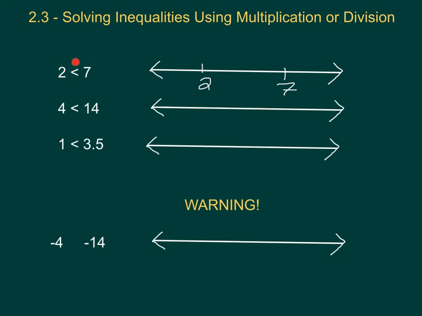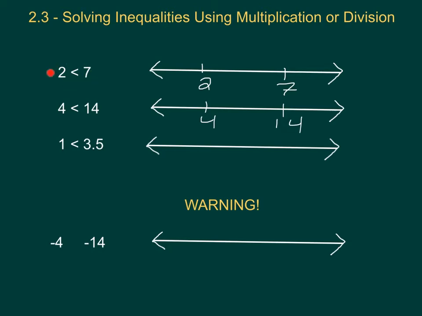If I take each side of this and double it, 2 times 2 is 4, 7 times 2 is 14, I'll get another inequality that's also true. Here's 4, and here's 14, and once again, 4 is to the left of 14, which means 4 is less than 14. So if I have an inequality and I double each side, it's still going to be true.